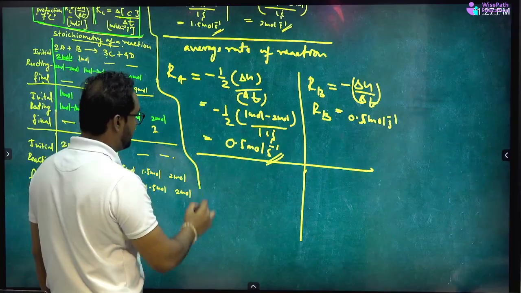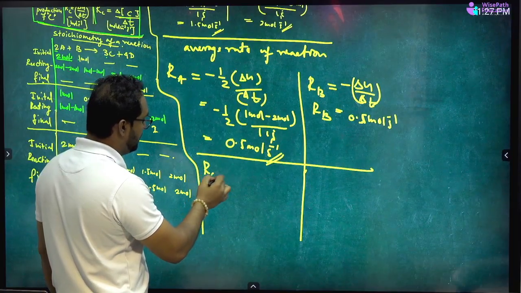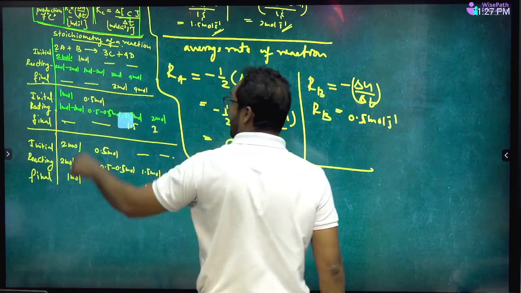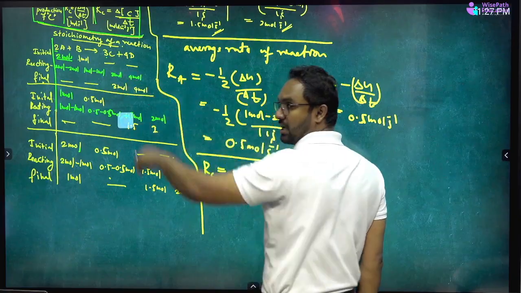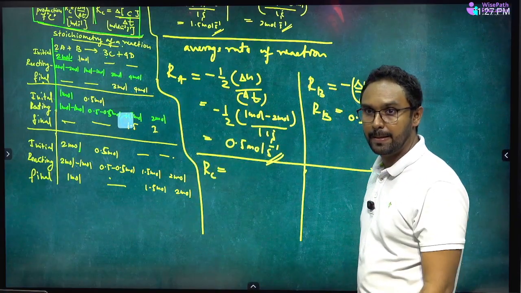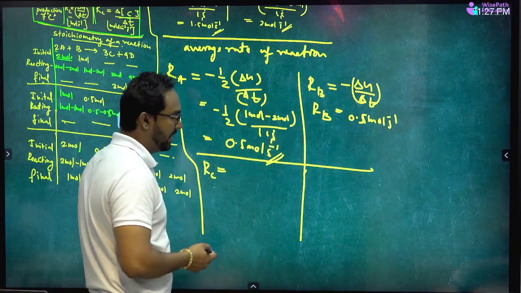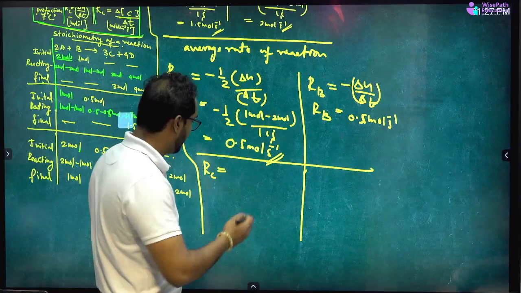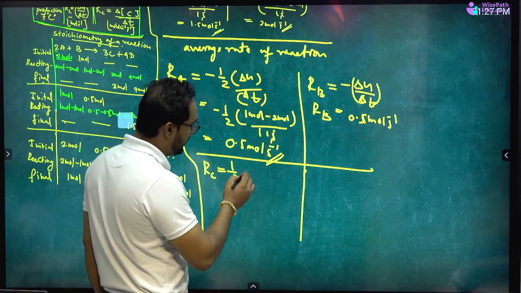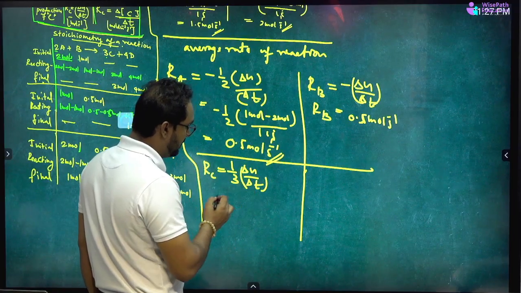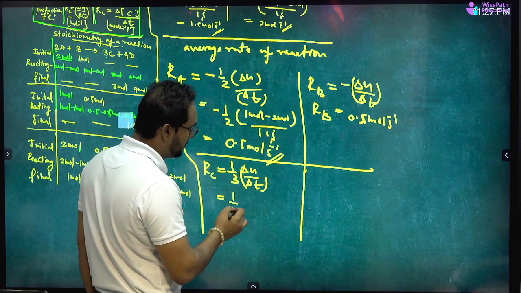RC equals, what is the stoichiometry of C? It's 3. Should it be a minus? No, it's a product. So just 1 over 3 delta N over delta T. We put the values, 1 over 3.